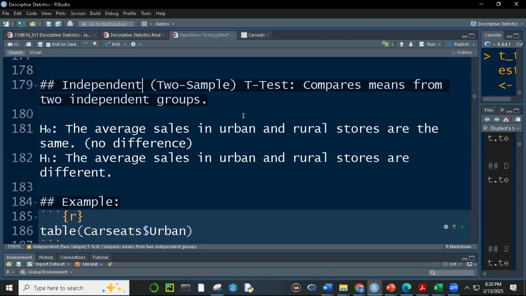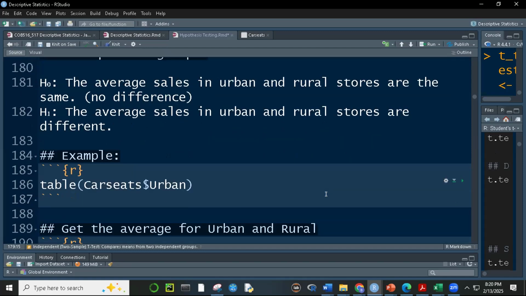The sales could not have come from an urban and a rural store at the same time. We're going to test whether the average sales from our data in urban and rural stores are the same. The alternative hypothesis is that they are different. Let's first see the frequency. Let's do a table.